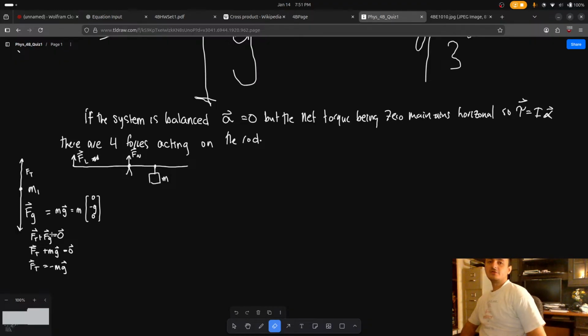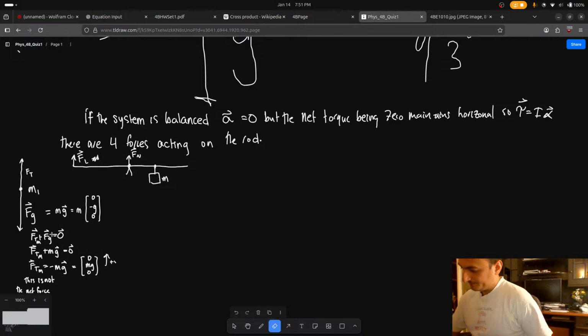So we solve for the tension force, but this is Ft, let's call it Ftm, due to the mass, not the net force, because this is equal to (0, mg, 0), which is in the positive direction on the rod, which is minus Ftm equal to Fg.